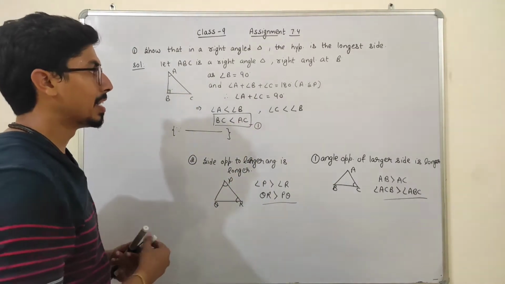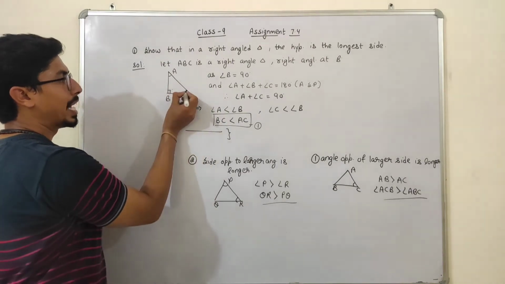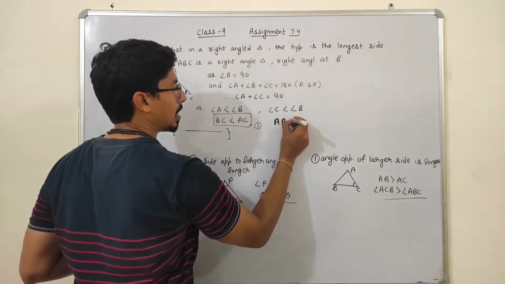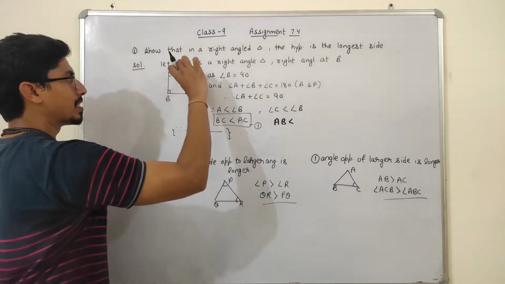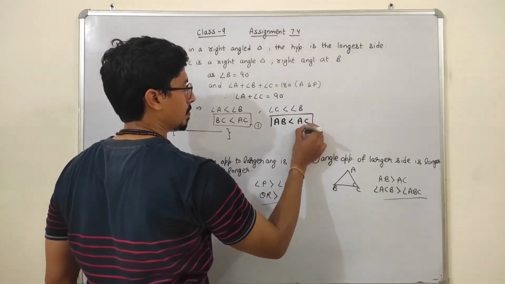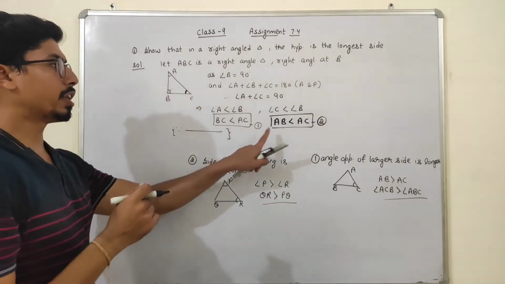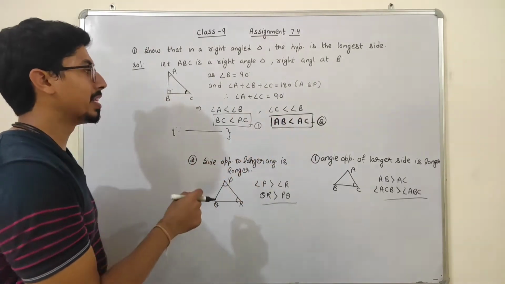Similarly, see angle C. The side opposite to angle C is AB, sorry, AB. Angle C is less than angle B, and the side opposite to angle B is AC, so I can write AC here, using the same property. So from equations 1 and 2, BC is smaller than AC, and also AB is smaller than AC.